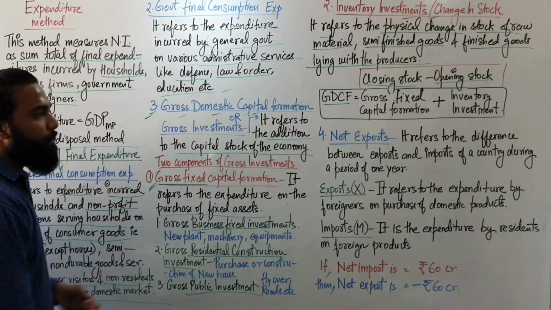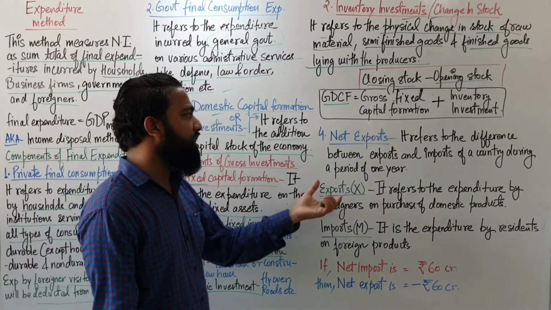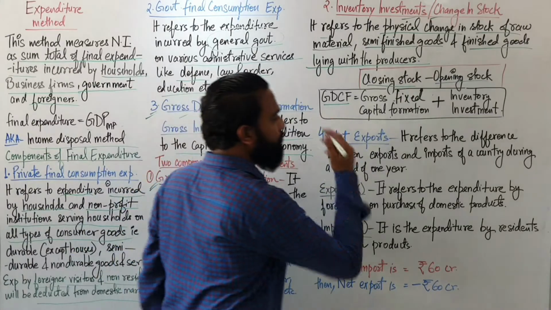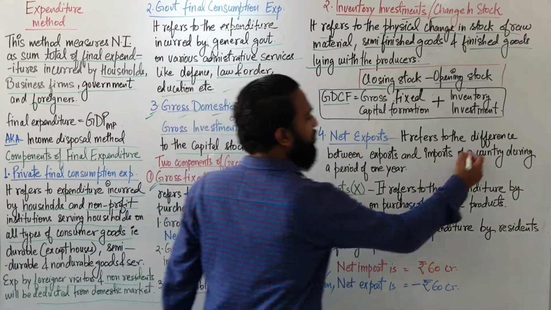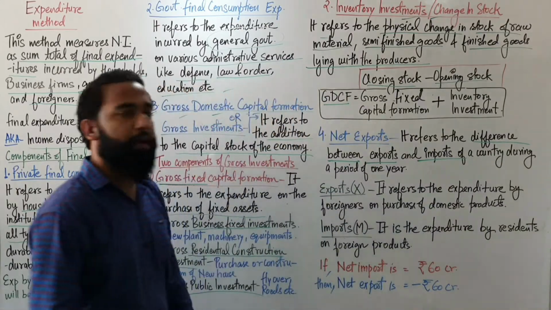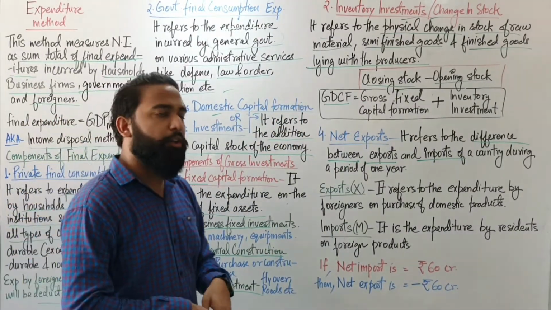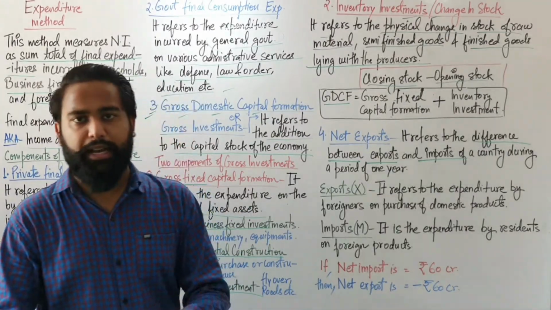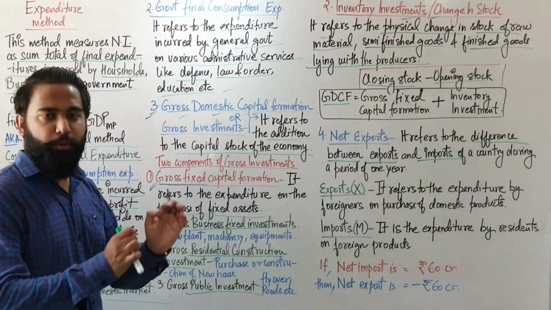Now let's come to the fourth component, which is net exports. Net exports refers to the difference between exports and imports of a country during a year. If you subtract imports from exports, you will get the value of net exports.